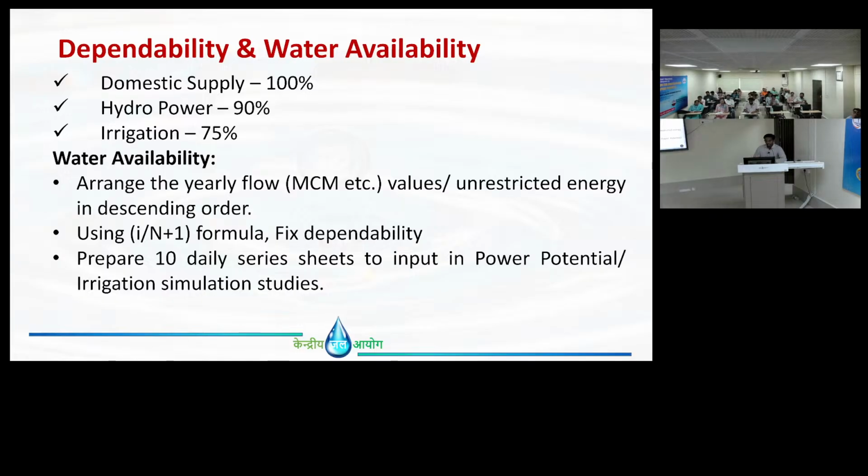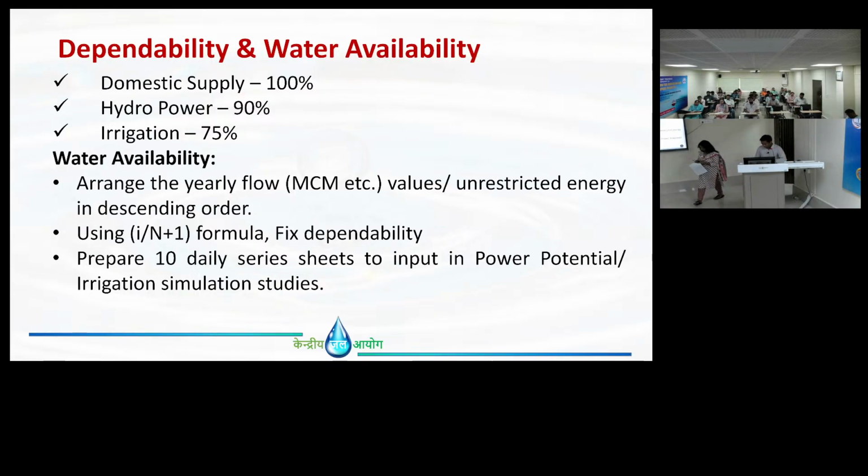Suppose we are planning for 100 days of irrigation; even if you can provide water for 75 days, that is okay. That's how you design the project. First you estimate the total water required for 100 days, then if you can provide for 75%, that is 75 days, that is the meaning. That's how you work out the dependability.